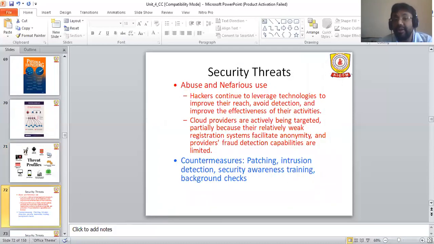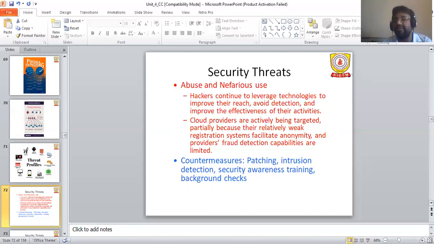In security threats, hackers continue to leverage abuse and nefarious use of technologies to improve their reach, avoid detection, and improve the effectiveness of their activities. Cloud providers are actively targeted partially because their relatively weak registration systems facilitate anonymity, and fraud detection capabilities are limited. Countermeasures are patching, intrusion detection, security awareness training, and background checks.